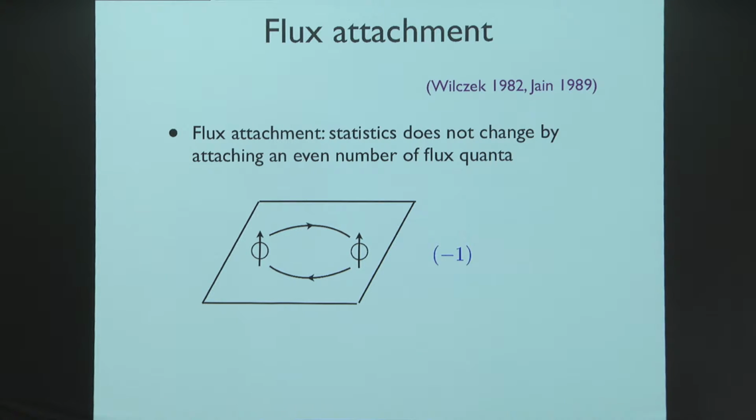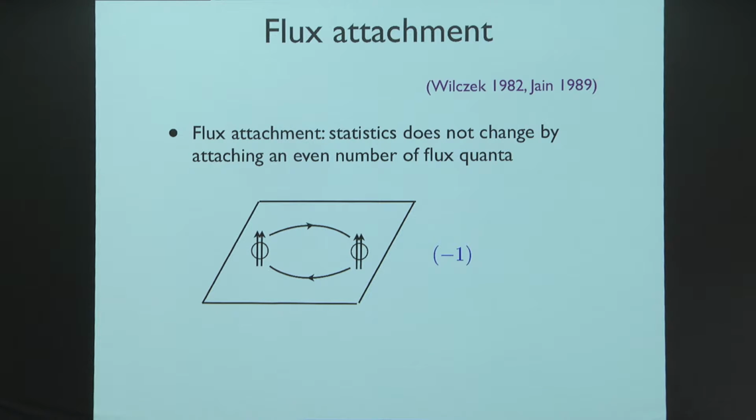If we now have fermions but assume that they carry 1 unit of magnetic flux, and assume that these fermions have charge 1, by exchanging two fermions we get minus 1 times the Aharonov-Bohm factor, which is equal to exponent of i pi in this case, which in the product becomes 1. That means that a fermion attached to 1 unit of magnetic flux is a boson.